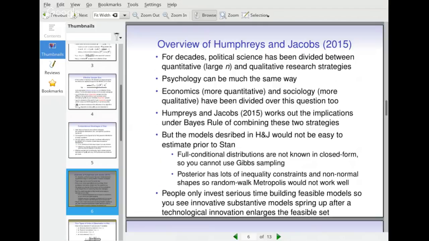But there's more than a little bit of division among political scientists as to which of these two approaches to research is preferable, and which is preferable in what situation, and the pros and cons of each. Psychology can be much the same way.